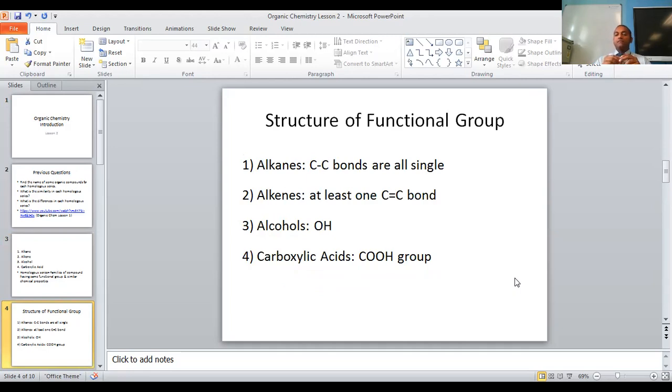For the alcohol, it must have a group of OH, also known as hydroxyl. And for carboxylic acid, it must have a group of COOH. So these are the 4 functional groups that basically determine the homologous series of this organic compound.